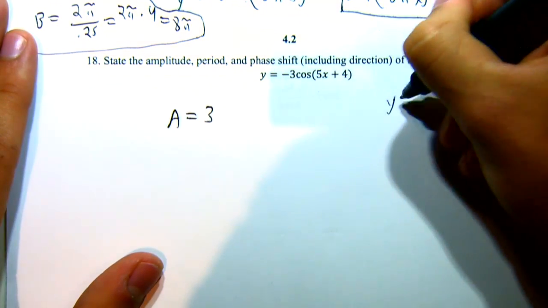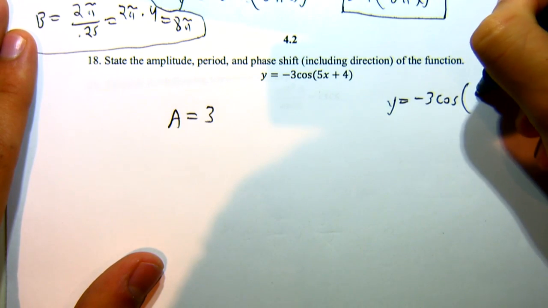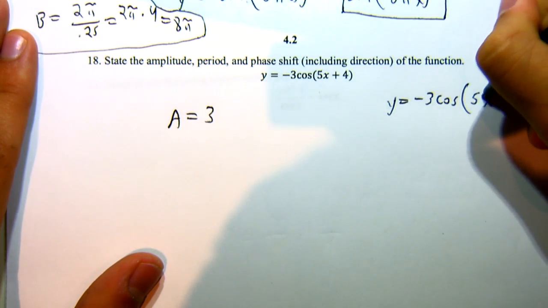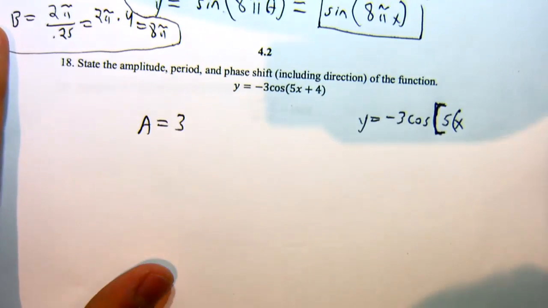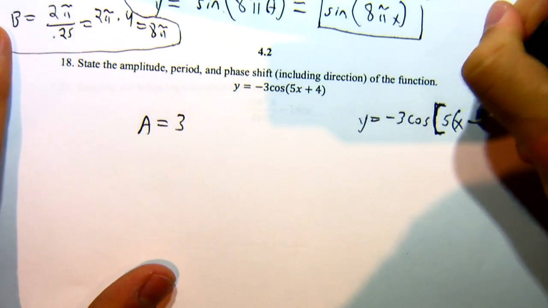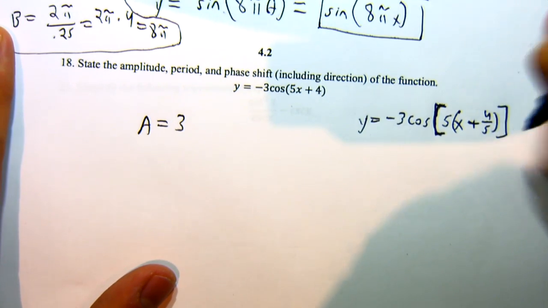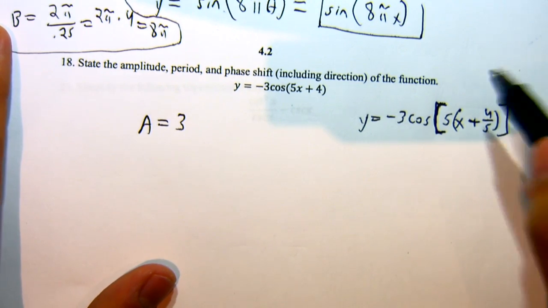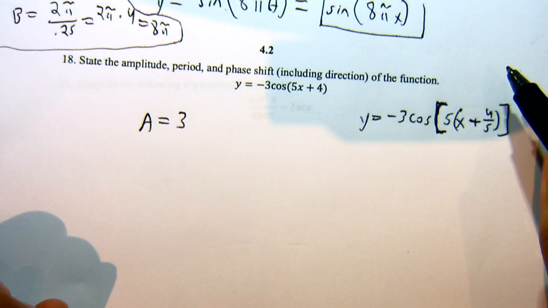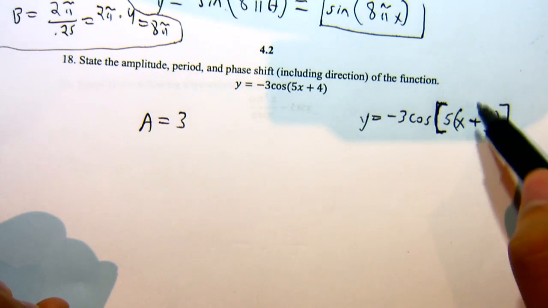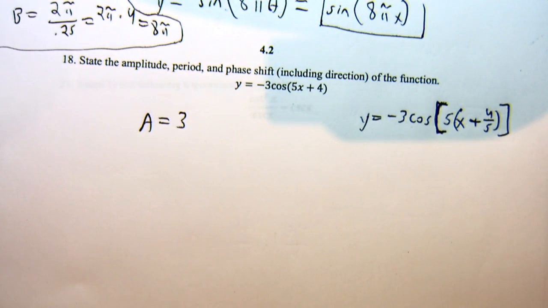So let's go ahead and go with that. Make this a bracket. So 5 times x plus 4/5, like so. Once we do that, whatever is the coefficient of the x value inside this function is b.